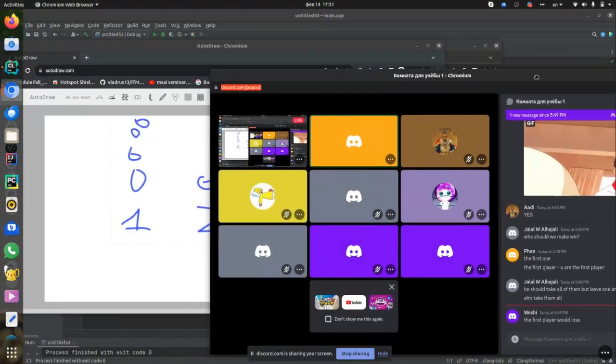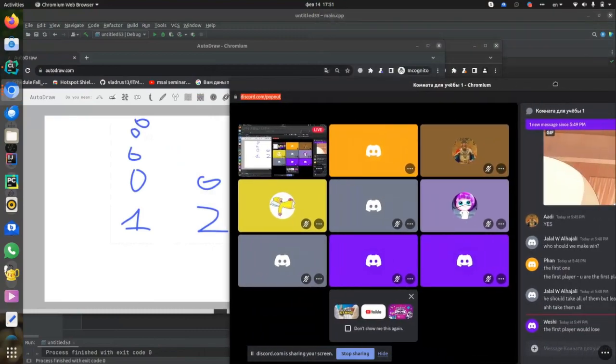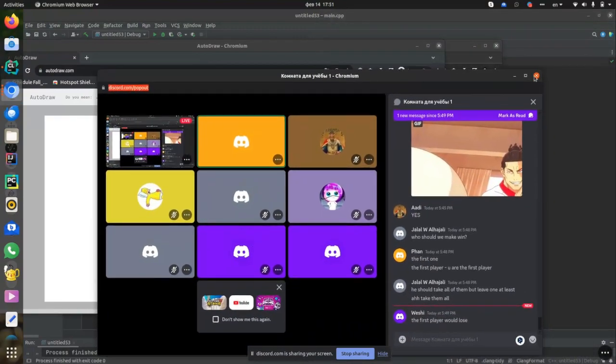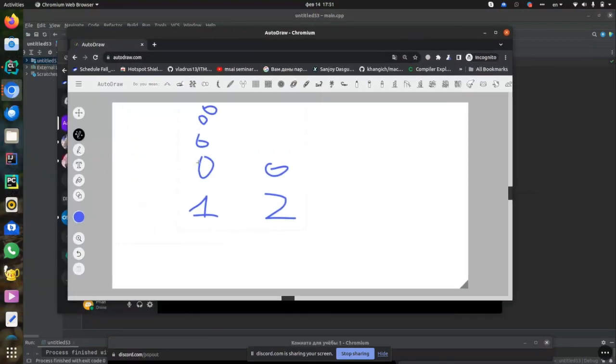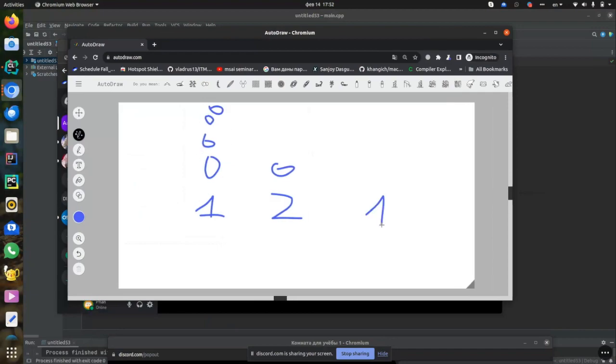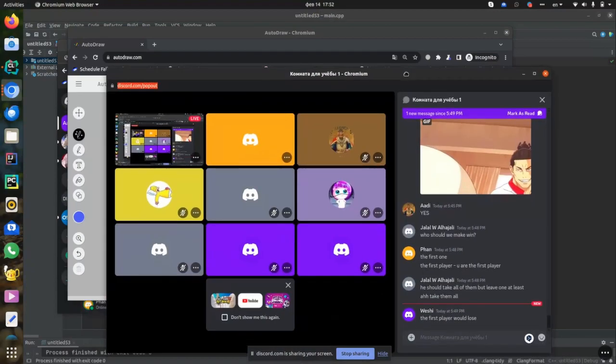You got the idea, but it's not taking all of the stones. So let me tell you. Here we have four stones, and here you have one. So let's say I take three stones from this one, so we are only left with one, and we have two stones, right?